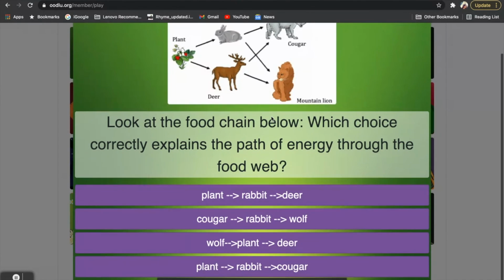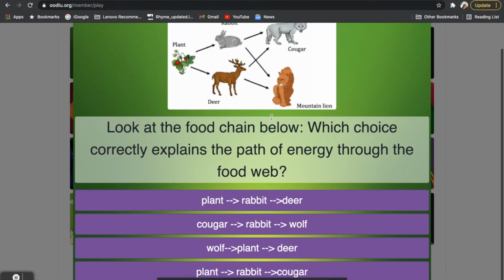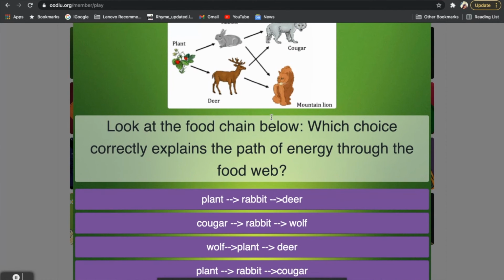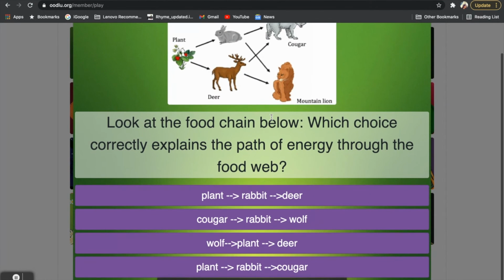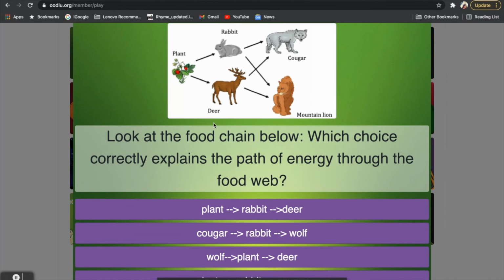Let's look at this food chain. Which choice is correctly explaining the path of energy through the food web? We know that plant producers like plants start out our energy. If we follow our plant to its first arrow, we notice that it goes to a rabbit. A rabbit eats plants for energy.